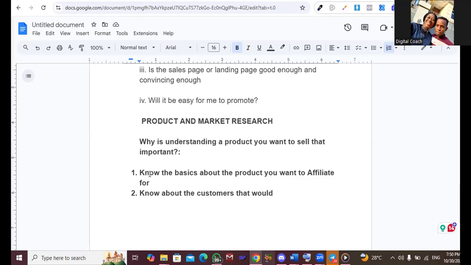So when we start the practicals, they expose themselves because they start asking me questions that what I have taught would have answered, or they start making blunders that, if they had just followed what I taught, they would have been able to settle, and they even lose a lot of sales. So don't be that way. Follow me step by step. Know about the customers that would want to buy this product.